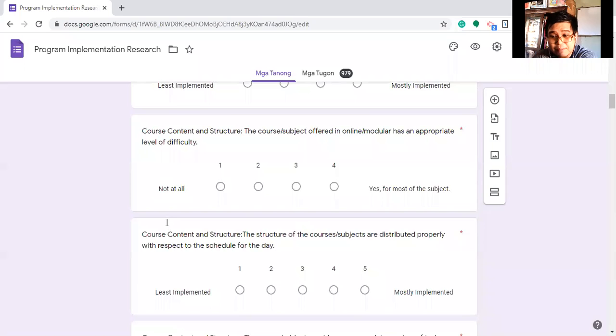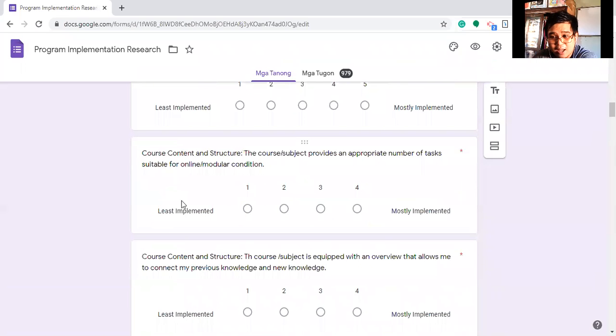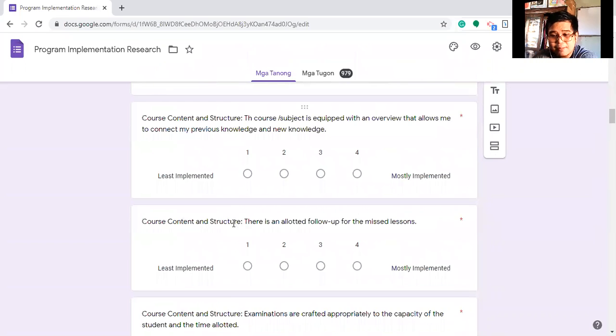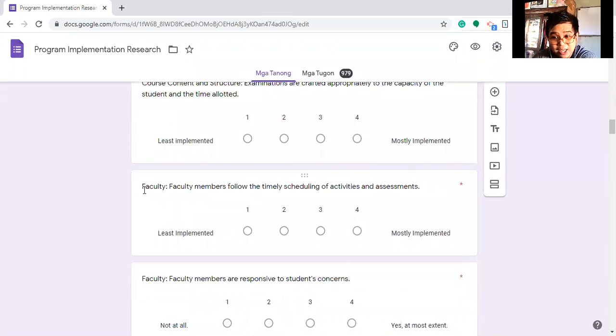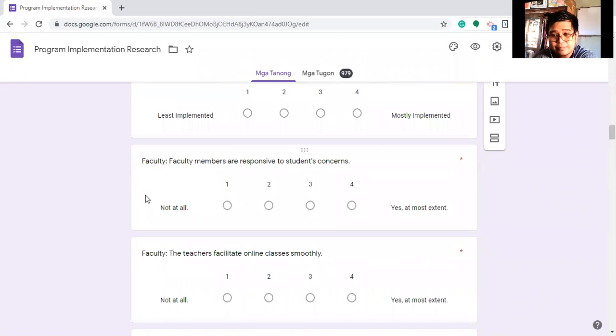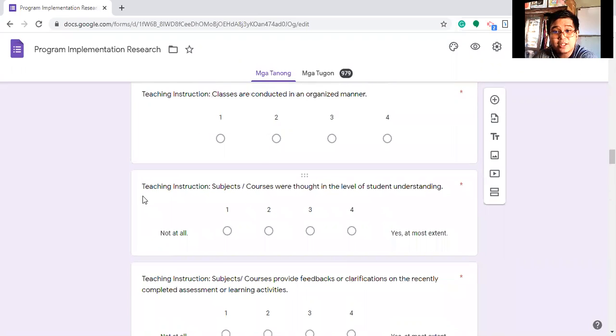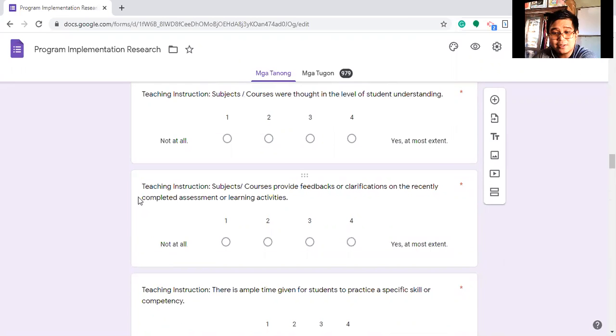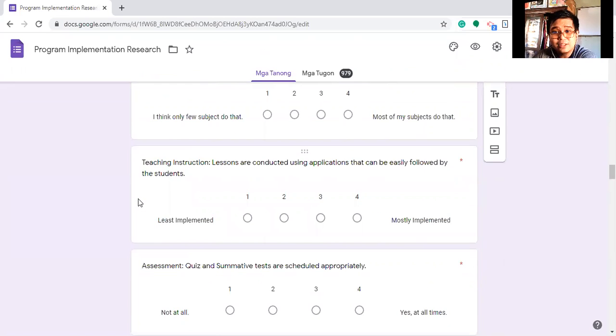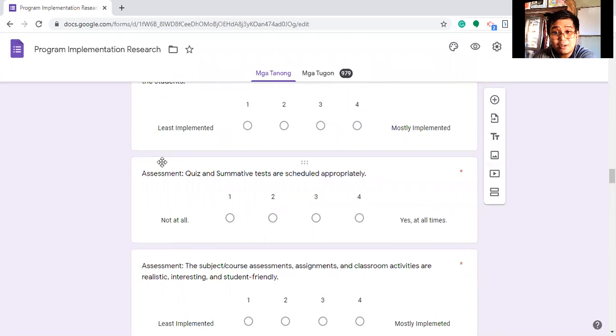Sumulat ako ng ilan para sa course content, 5 or 6. And then we have, for the faculty, the second parameter. And then we have the third parameter, which is teaching instruction. So may statements for teaching instruction. And then we also have a parameter for assessment.